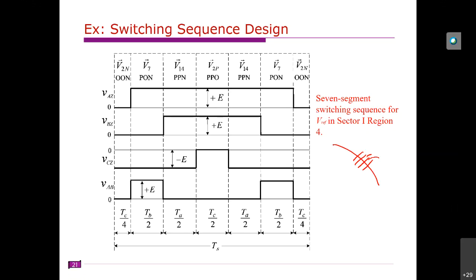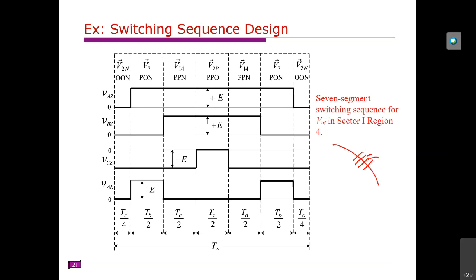So we have formulated three constraints. The first is that the transition from one switching state to the next involves only two switches, that is, two switches in the same inverter leg, with one being turned off and the other being turned on.